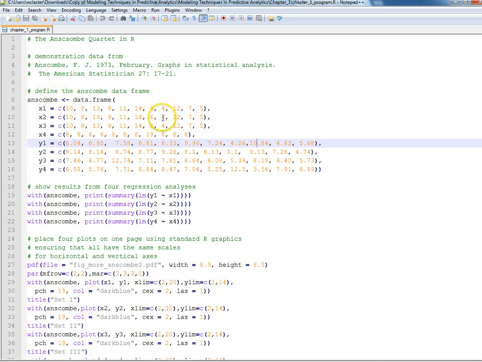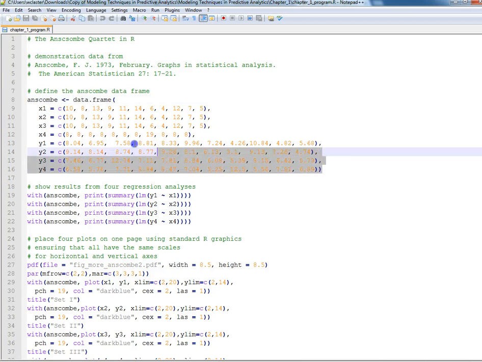So let's read this into R. Now just to remember, there are various ways to create a data frame, and one would be just to read the data from a file, but that's not what we're doing here. We have a number of vectors here, x1, x2, x3, x4, y1, y2, y3, y4. So we are going to load it in like that. So we're going to create a data frame with this many columns, right? So let's enter that.